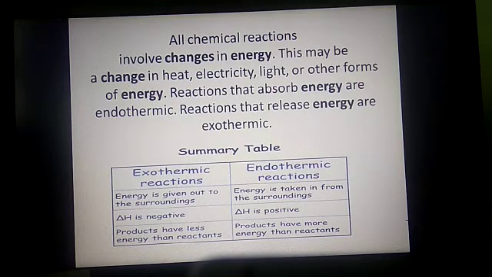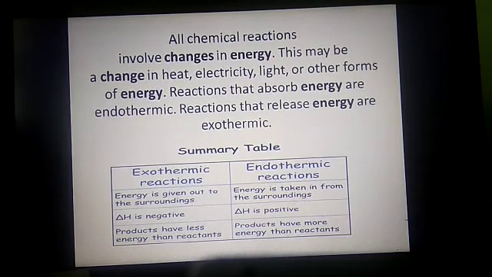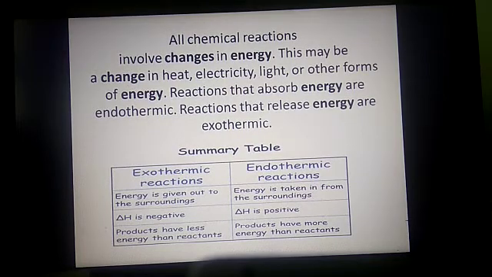Chemical energy is associated with the evolution or absorption of energy required to break or form different bonds between the molecules of reactants and products. And this energy is in the form of heat, light and electricity.